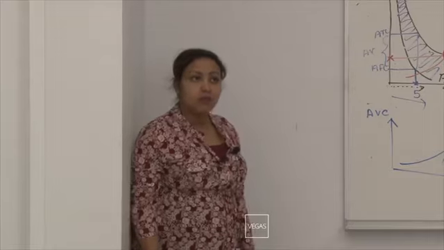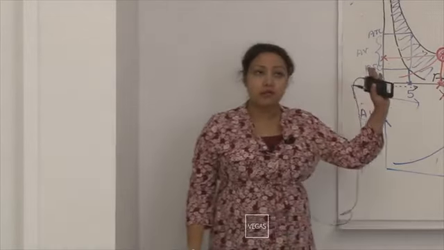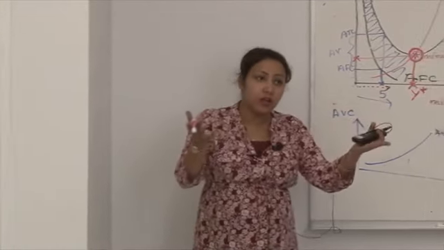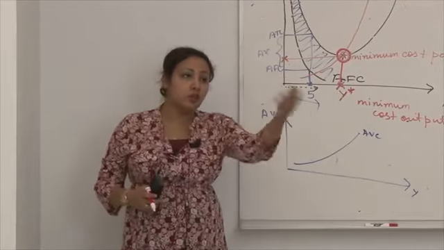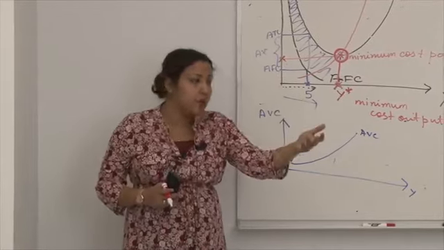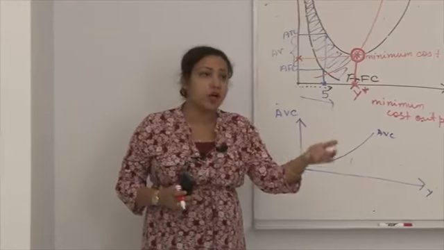Why? Because MC is rising because of what? MC is rising because of diminishing productivity of workers. That's why MC is rising. To bring in every additional worker, it is becoming more expensive for me because those workers are less productive workers.